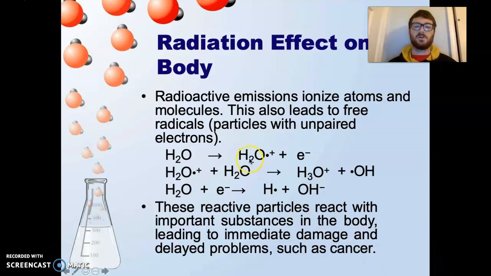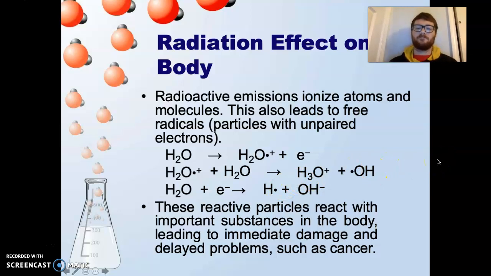It can become a charged water particle with an electron. It can become hydronium, or H3O, something very acidic, or hydroxide, something very basic, or a hydrogen that doesn't have any charge, or a hydroxide that doesn't have any charge.